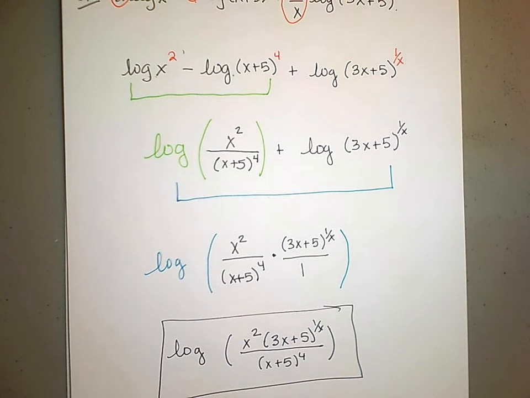Okay, so those are examples about how you condense logs and how you expand logs. We do need to talk about the change of base formula. So let us consider this.